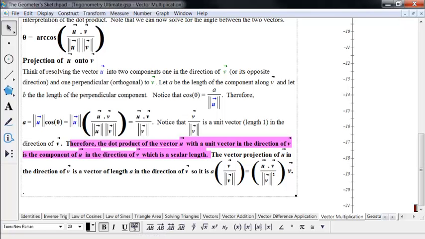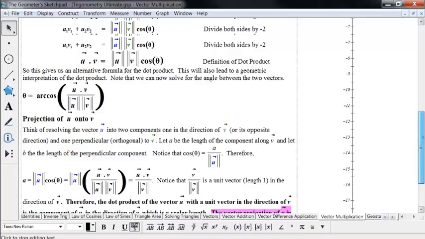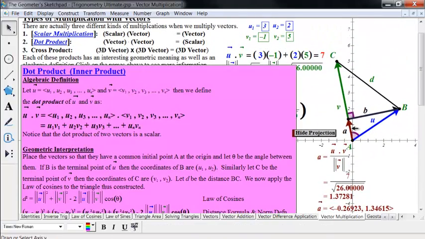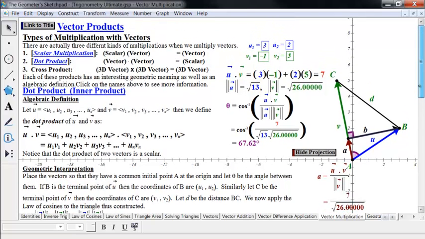So when we divide out by the norm of v, then we have the length of that projection. Okay? And there's a vector. What do we do? We just take this u dot v, divide by the norm of v squared, and multiply that by v, and that will give you a vector, this vector here, the component of u in the direction of v.